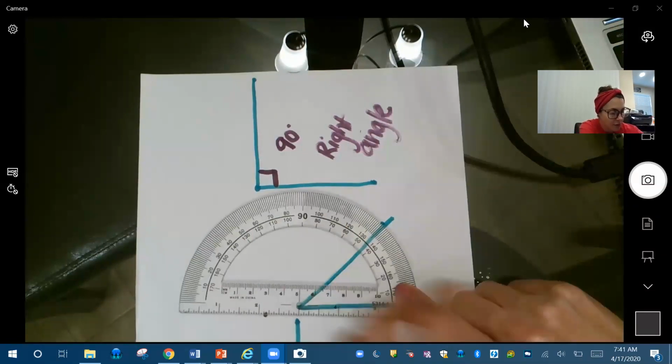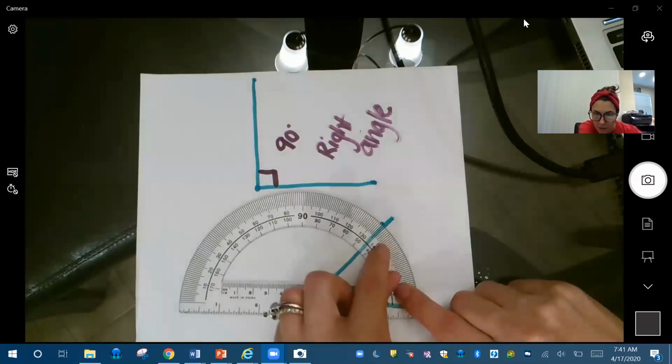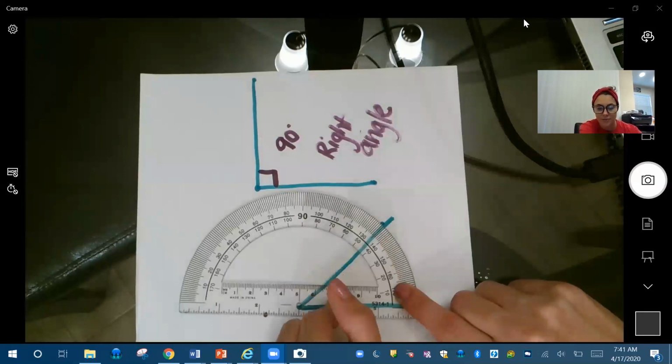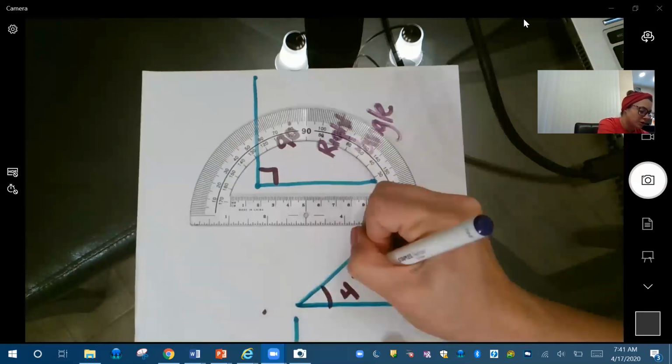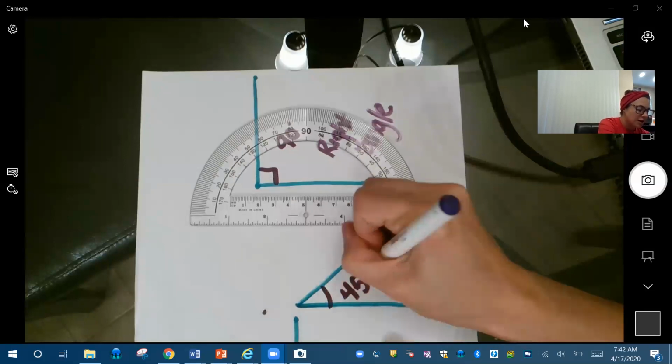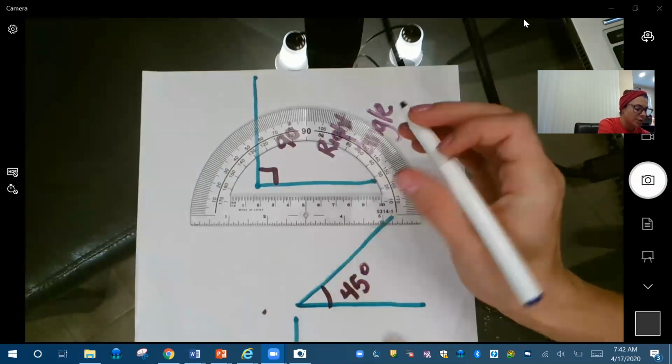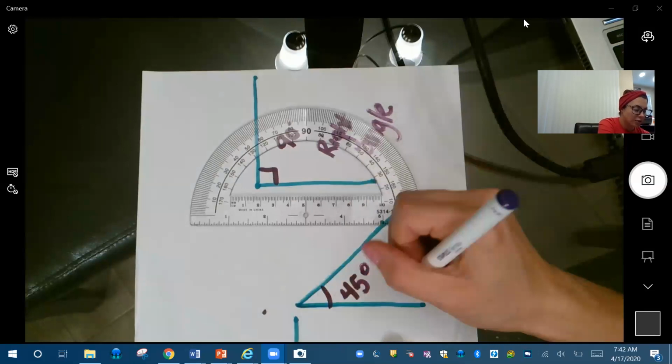And I'm going to count them. So I have 40, 41, 42, 43, 44, 45. So this would be a 45-degree angle. I'm going to make my little angle mark and write it in. It is 45 degrees, which means it is an acute angle, right?